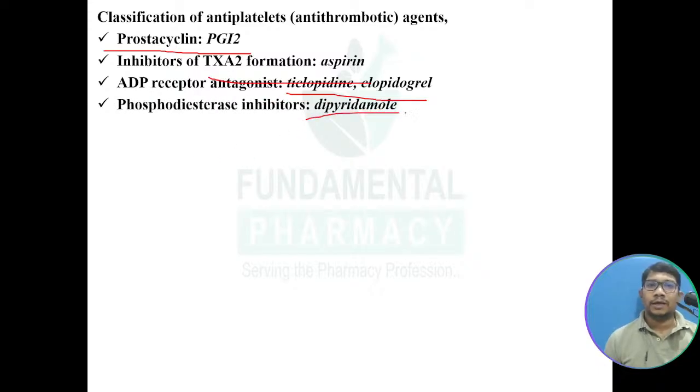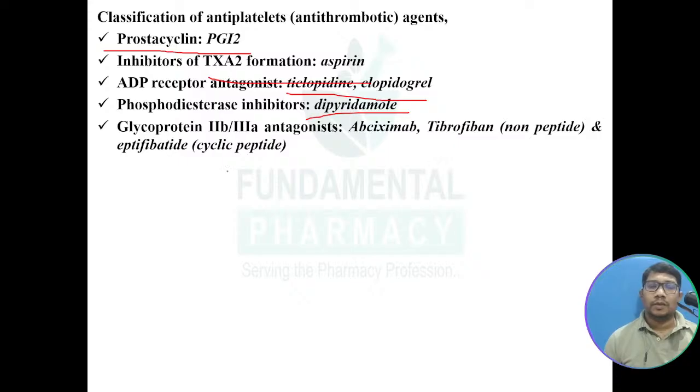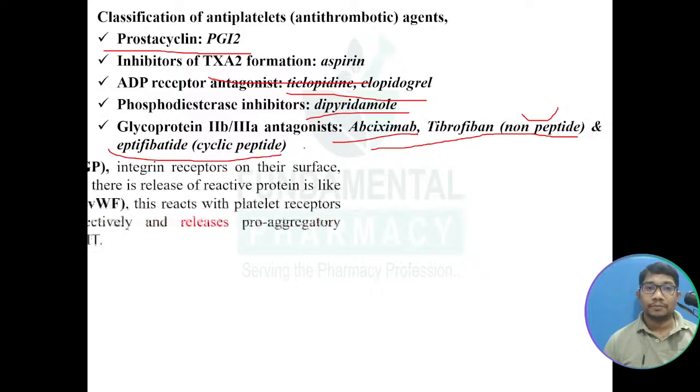The phosphodiesterase inhibitor is dipyridamole. The GP2B3A receptor antagonists are abciximab, tirofiban, which is a non-peptide, and eptifibatide, which is a cyclic peptide.